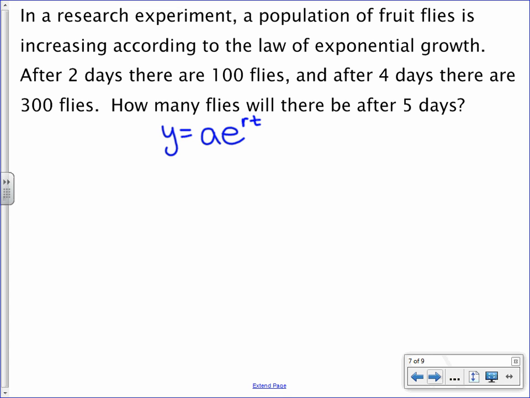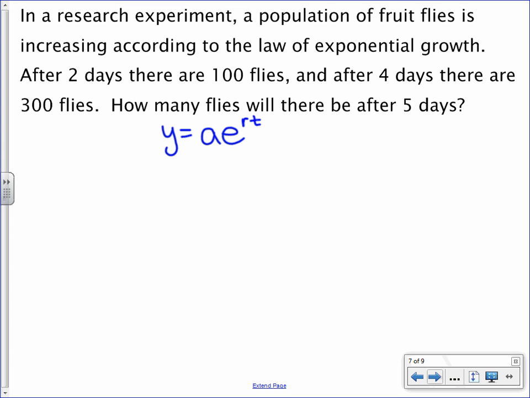I think R as a rate and T as time makes more sense. T is just going to be our independent variable and Y is our dependent. Why did they switch it? Just because in general we're used to seeing things as Y and X.